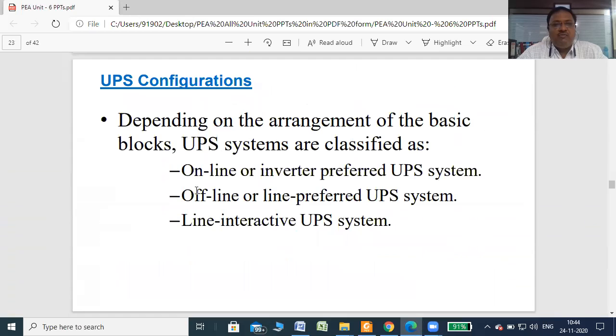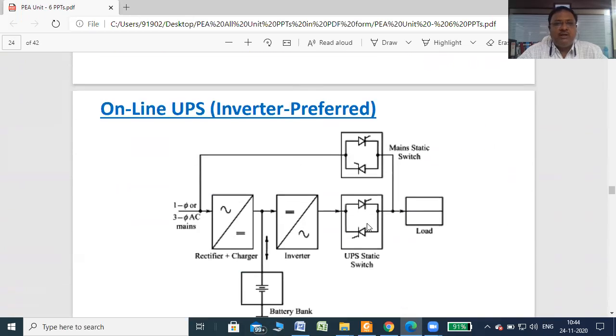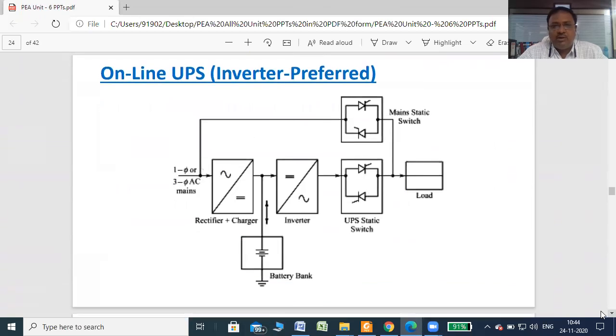Already we have seen online UPS in the last lecture, but again we'll repeat, and then we will go for the second part maybe next time. So this is an online UPS, that is also called an inverter preferred UPS. In this UPS, there are two types of switches called the main static switch and the UPS static switch.